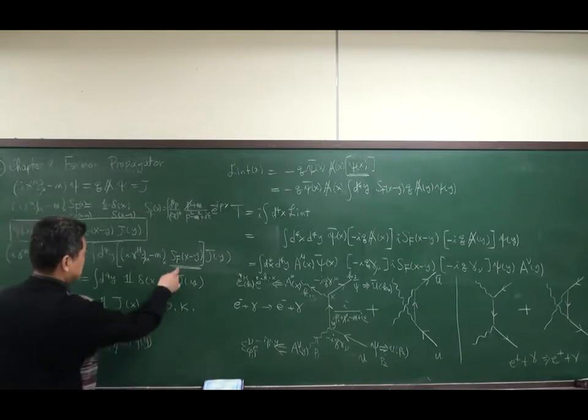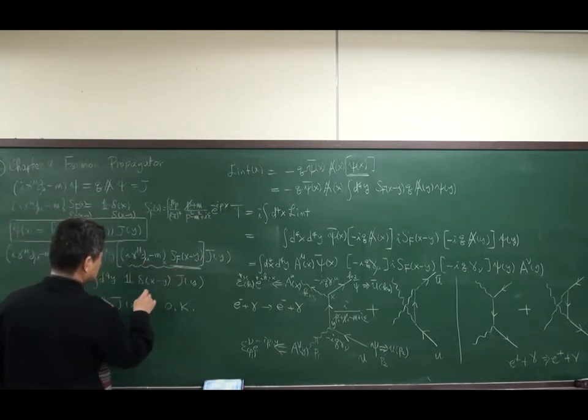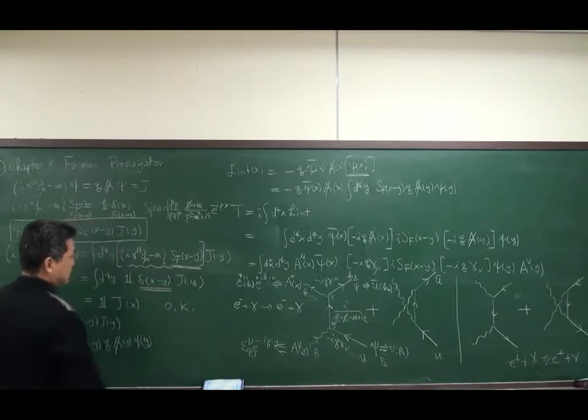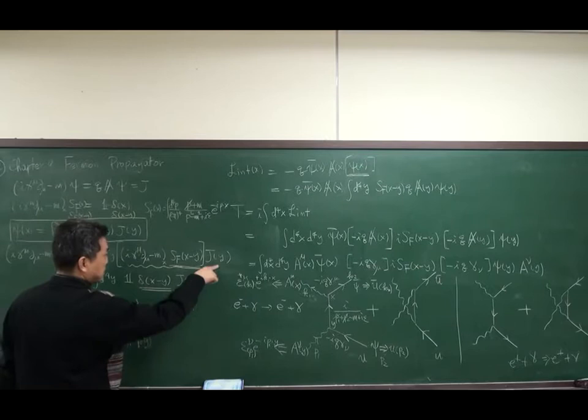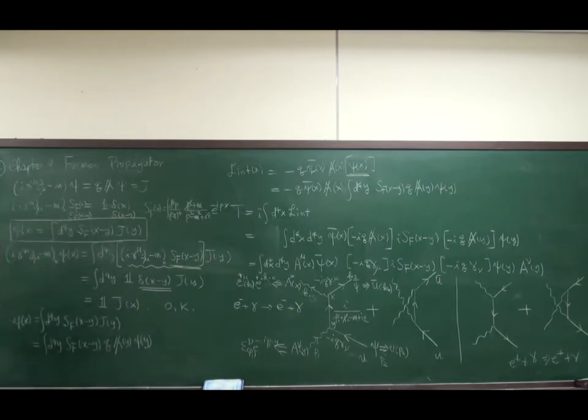So this is replaced by delta(x minus y), and after multiplying by the current, this becomes j(x). So we have found that psi of x satisfies the Dirac equation with the source.